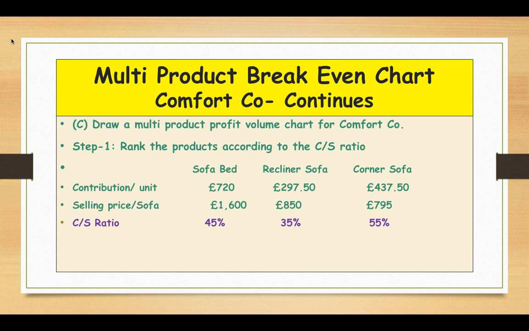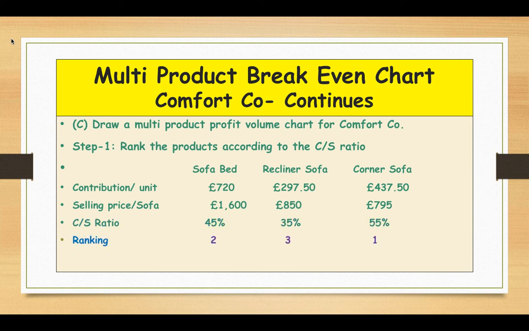So if you look at the sofa bed, contribution 720 divided by the selling price 1,600, times it by 100, you will get 45%. So if you do the same calculation for the recliner sofa, you will get the contribution to sales ratio 35%, and the corner sofa 55%.